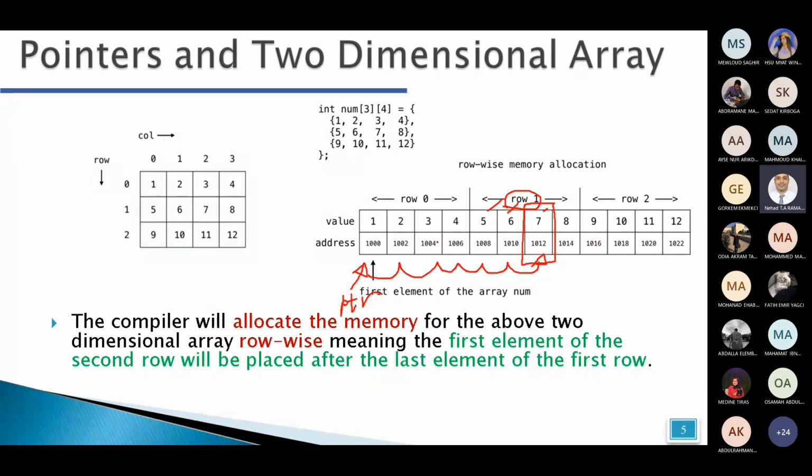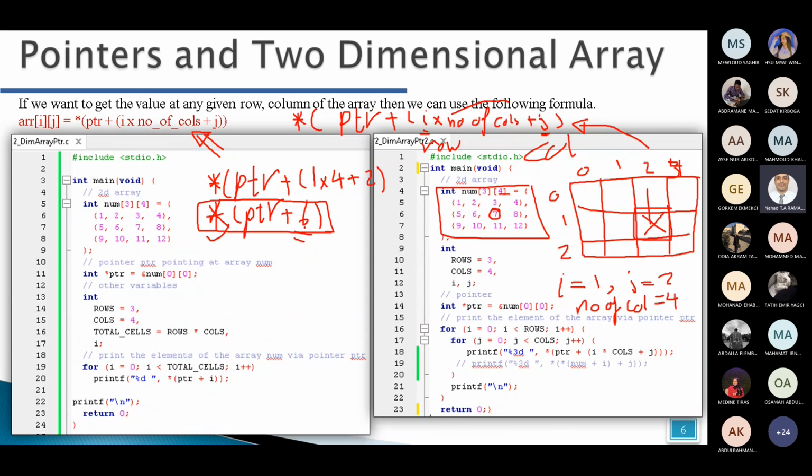So we use this to mimic, to do the same thing, if we have the idea of row-wise in the memory for the two-dimensional array. So in a two-dimensional array, we can use this way to get a specific element.